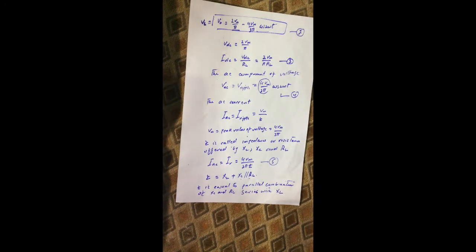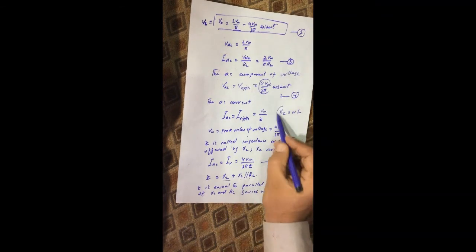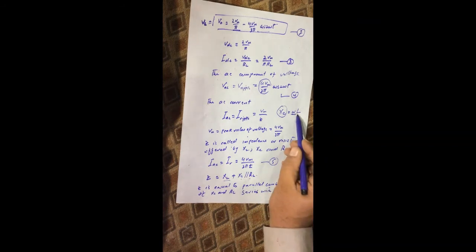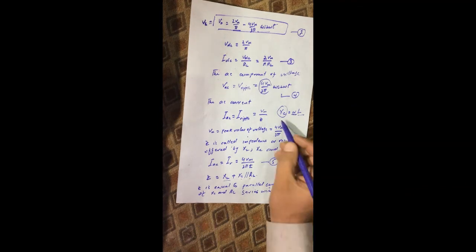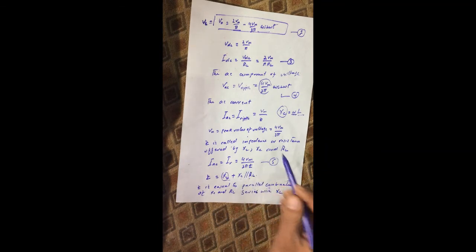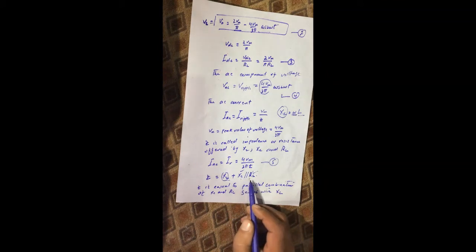Now to suppress the high frequency components like higher harmonics, like the third harmonics or fourth harmonics, we know the opposition offered by the inductor increases with increasing frequency, because XL is equal to omega L. It will also increase with an increase in the value of L. So the value of this XL is very high as compared to the resistance offered by the parallel combination of capacitor and load resistance.